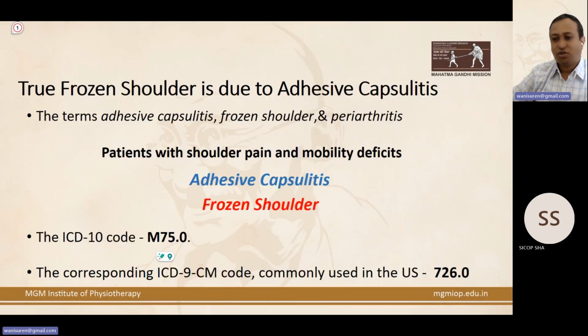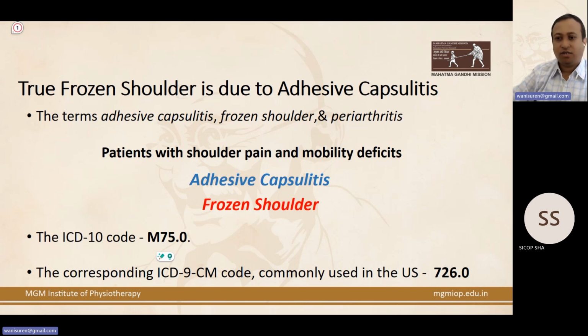So true frozen shoulder happens because of adhesive capsulitis. The terms adhesive capsulitis, frozen shoulder, and periarthritis shoulder are all terminologies we use for shoulder pain and mobility deficits. But it is universally accepted that adhesive capsulitis is a more appropriate term to diagnose shoulder pain and mobility deficits.